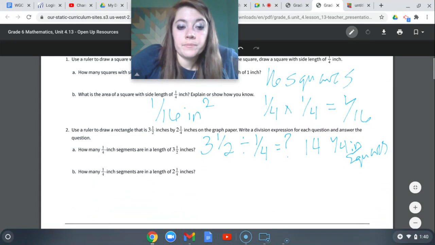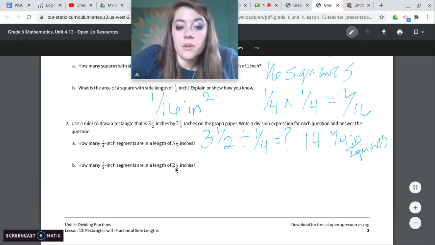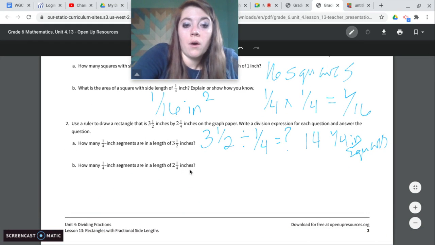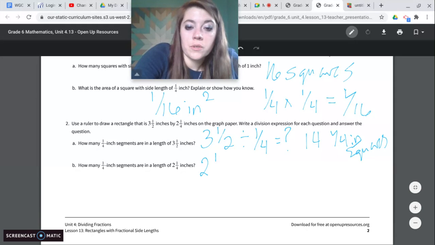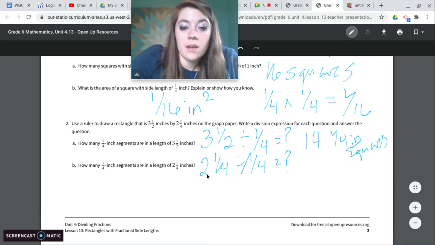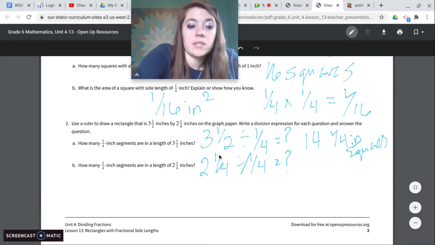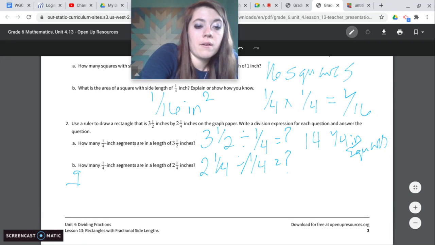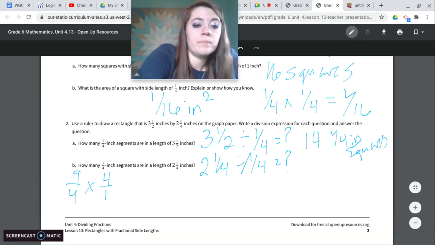For B, how many 1/4-inch segments are there in a length of 2.25 inches? Well, same idea. 2.25 divided by 1/4 equals question mark. This one we're going to do same times flip. So 2 times 4 is 8 plus 1 is 9. So we have 9/4 times, we flip the 1/4 to 4/1.